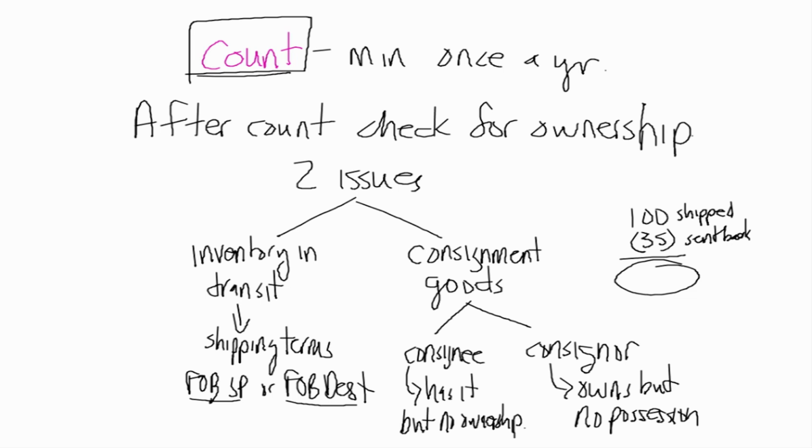But during that time period, the grocery stores are consignees. They have the magazines, but they don't own them. The publisher is the consignor. They don't have the magazines, but they totally own them. So we have to take both of these things into account to adjust the inventory count for ownership issues.